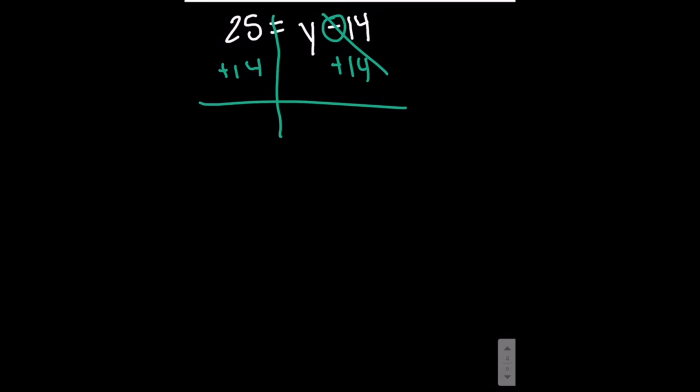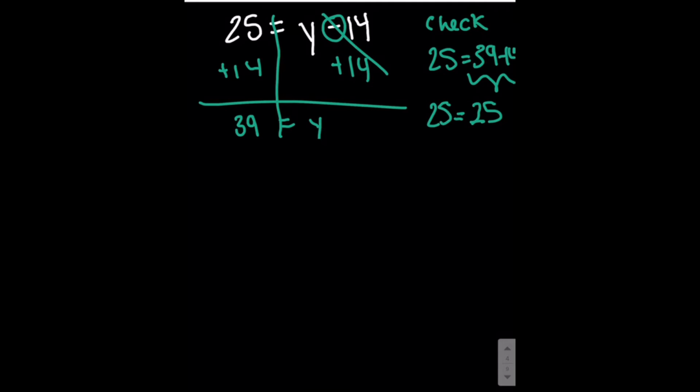And we would be getting 39 equals the variable, and we could do a check on the side. We would be substituting 39. That would be 25 equals 39 minus 14. And when we do this, we get 25. And this is true.